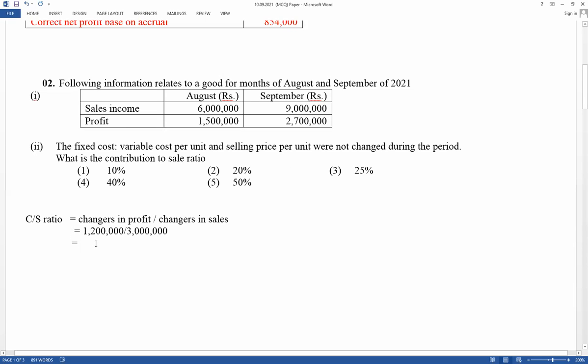Therefore, the answer equals 40%, as a percentage, or it can be disclosed as 0.4. This is the CS ratio. Therefore, question number two, answer 40%, the fourth one.